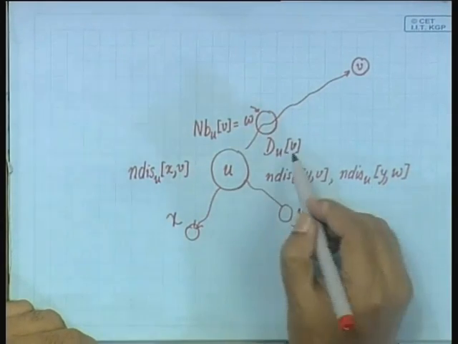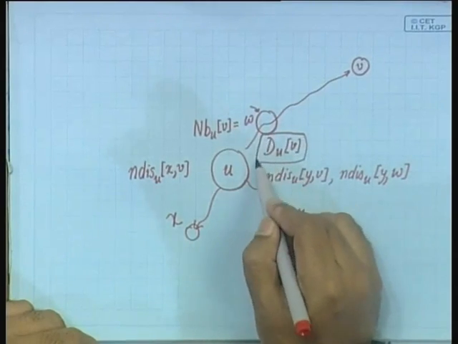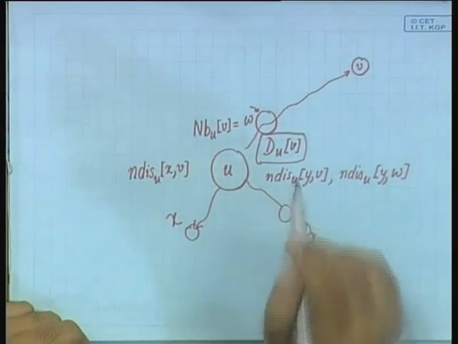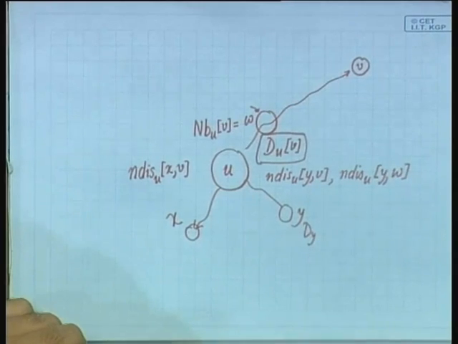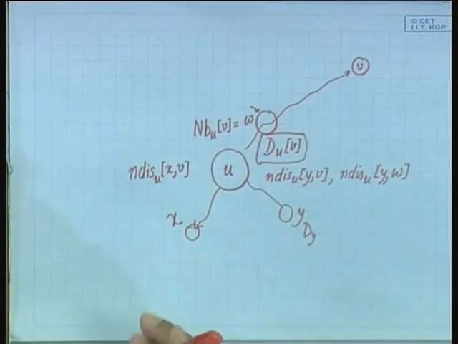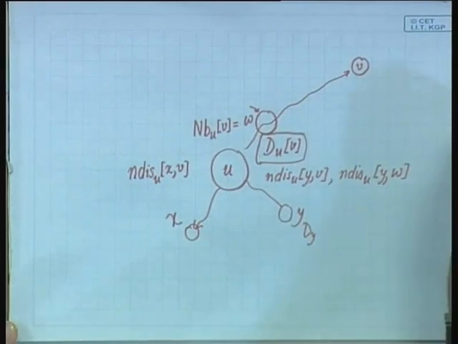So, not only does it maintain its own routing table, it also maintains estimates of its neighbors' routing tables. Okay? That is the only difference in the data structure as compared to what we have seen before.